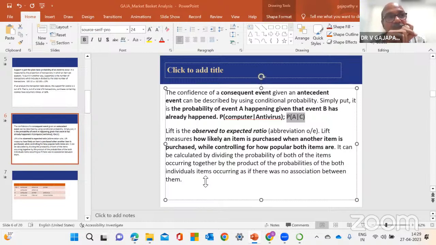Now, the next concept we are going to see is the lift. But if these two are clear, then we can go to lift. Lift is the observed to expected: how likely an item is purchased when another item is purchased, while controlling for how popular both items are.